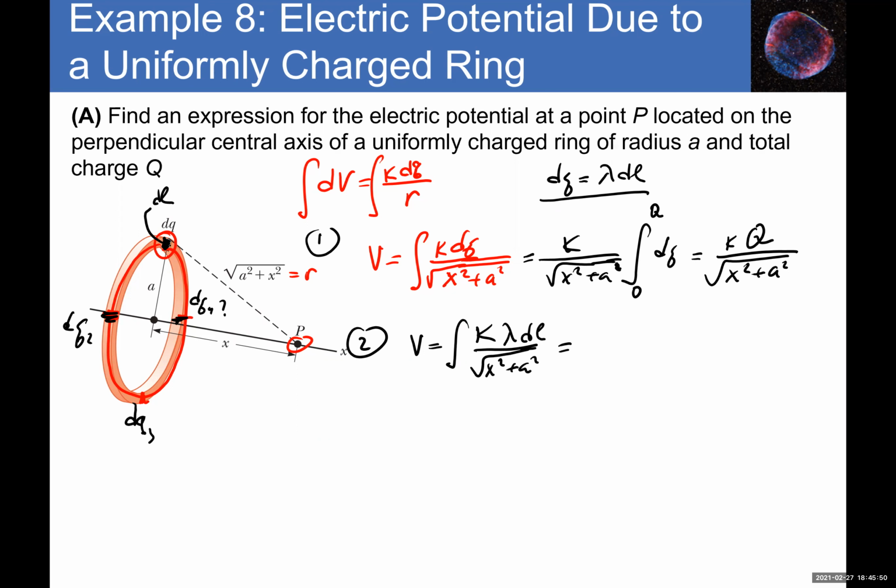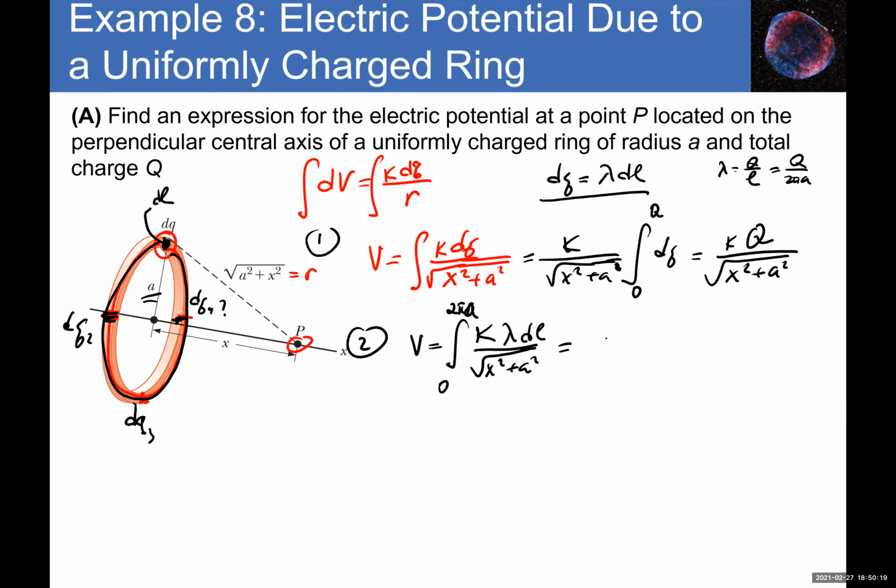That means I'm saying this is a small element, but when I'm integrating, I go around the arc length of the ring. That means I'm going from 0 to 2 pi r. Right, so it's actually a here. So 2 pi a, going around a circle, 2 pi times the radius, and the radius is a.